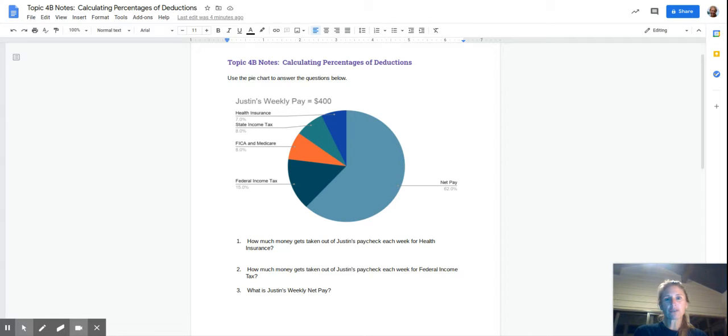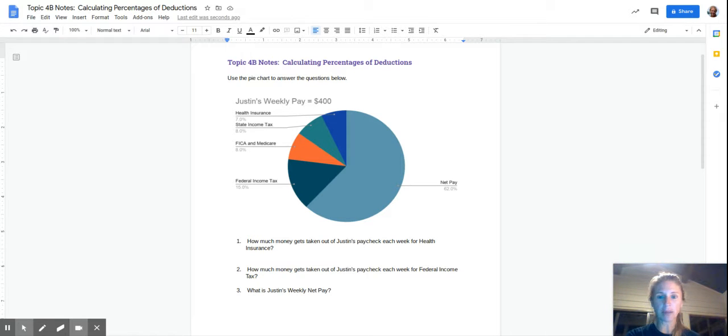So I think that we're comfortable with percentages at this point, but I wanted to make sure. So, question one: how much money gets taken out of Justin's paycheck each week for health insurance? If we're looking at health insurance, that's 7%. So, to figure that out, I take the amount of money that he makes in a week, so $400, and I'm going to multiply that by the percentage.